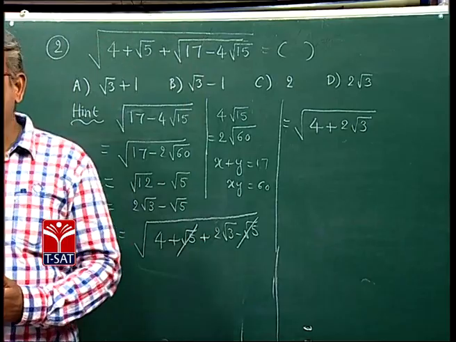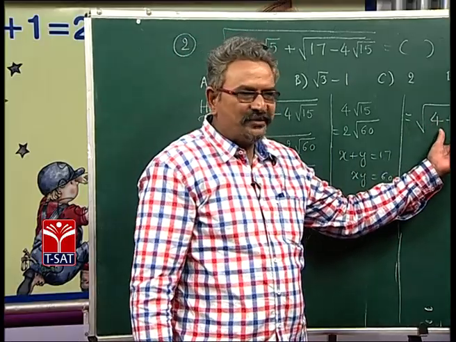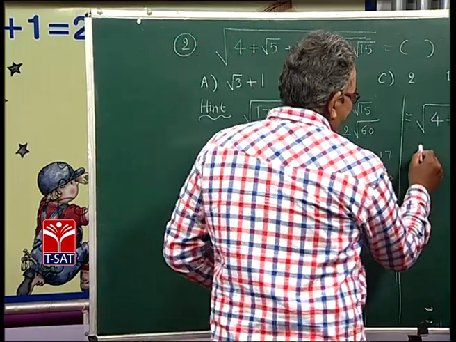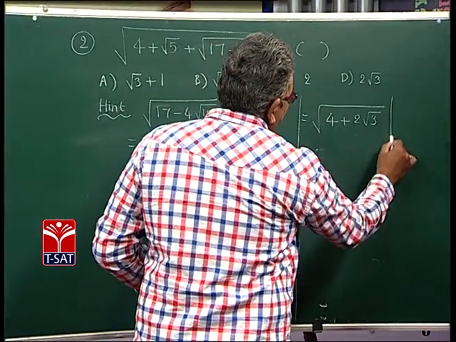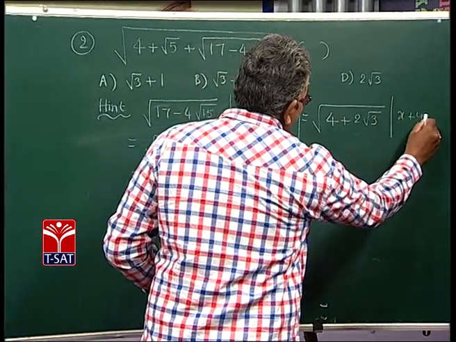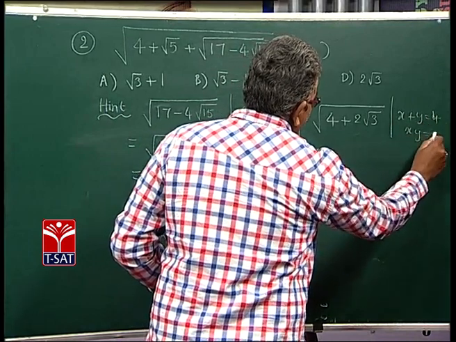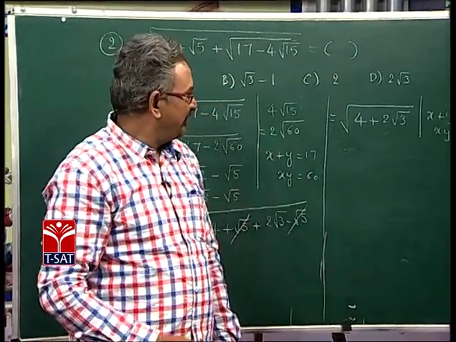Again we have to find out the square root. That is in the form of x plus y plus 2 root xy. Here, x plus y is equal to 4, xy is equal to 3. Here once again we have one question in our mind.